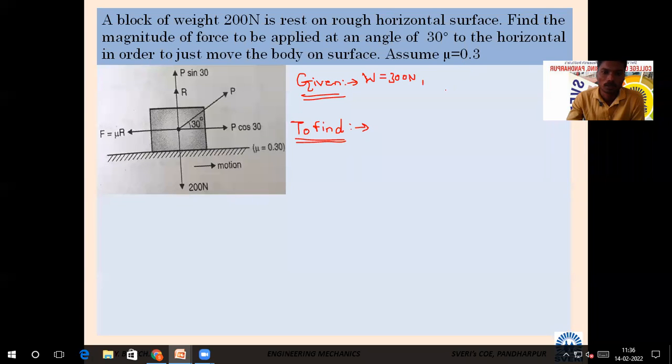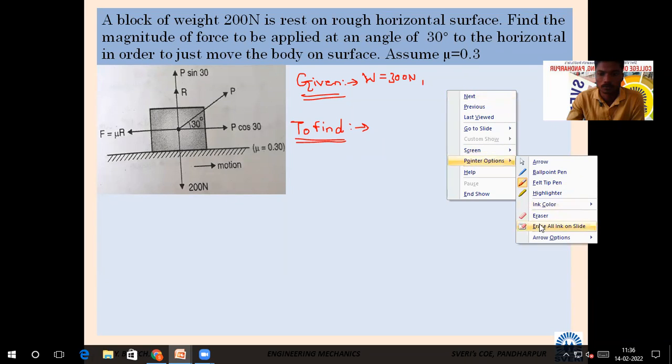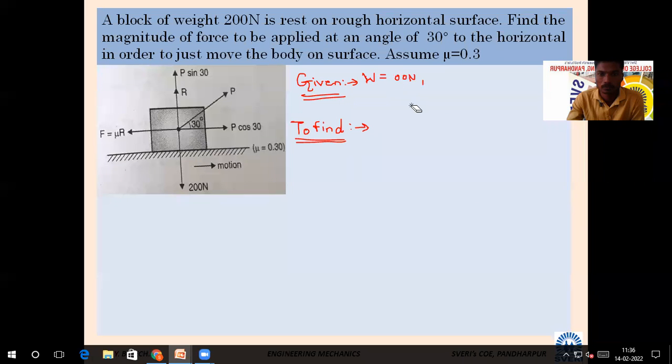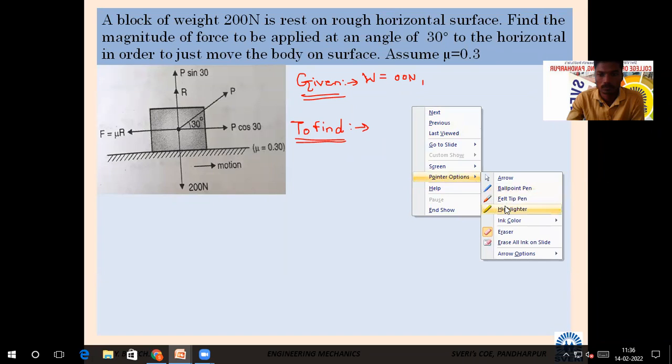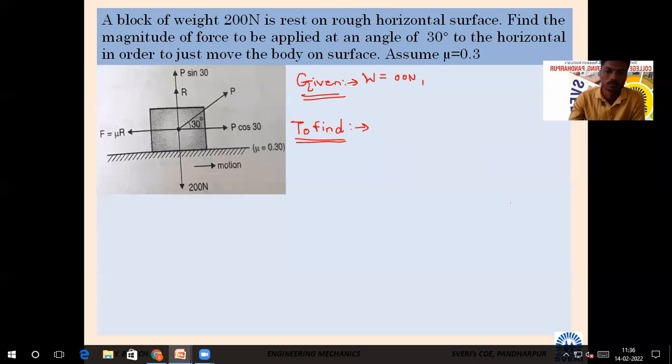Sorry, not 300, 200. Here the angle is there, so we can't take it as mu 0.3. Okay, to find force, same problem, nothing else. Same as it is.